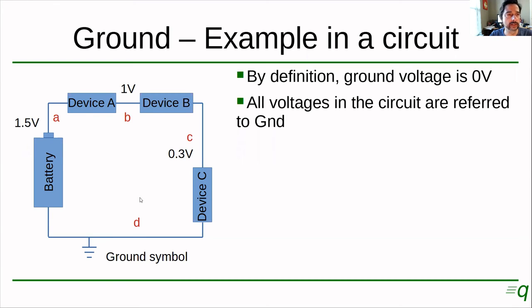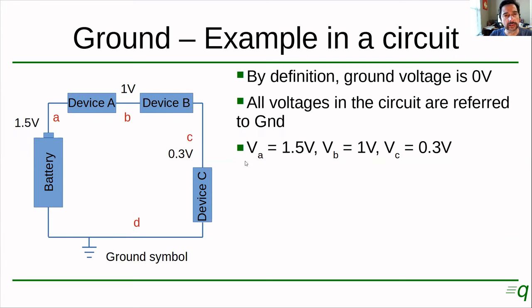So if we identify these nodes as A, B, C, and D, these different points in the circuit, we have VA is 1.5 volts, VB, or the voltage at B, is 1 volt, and VC is 0.3 volts, the voltage at node C. Like we said, the voltage at node D, which is ground, is 0 volts.